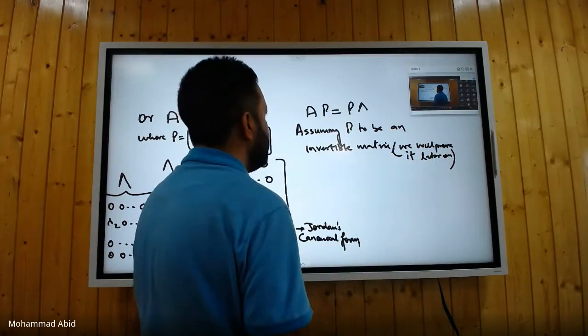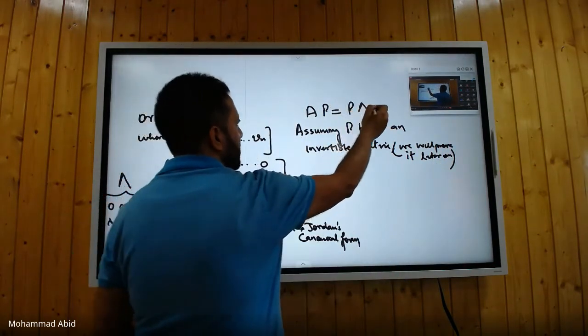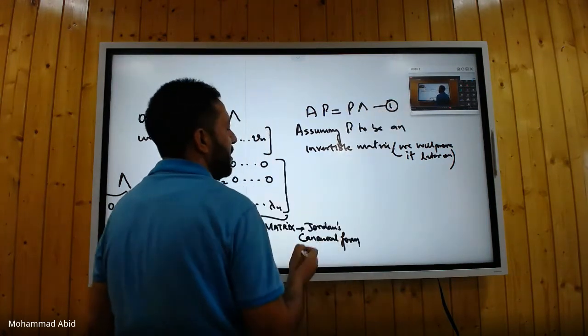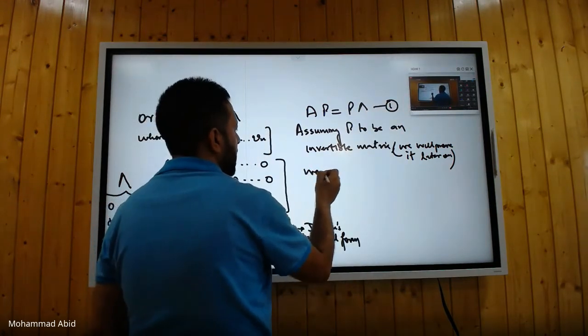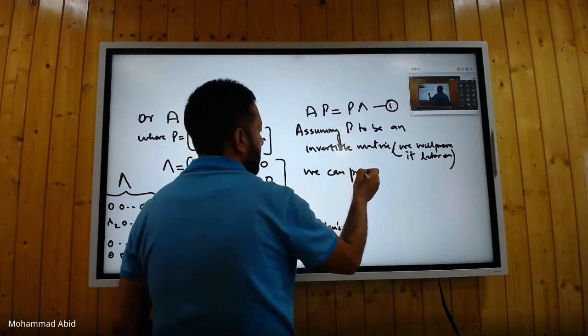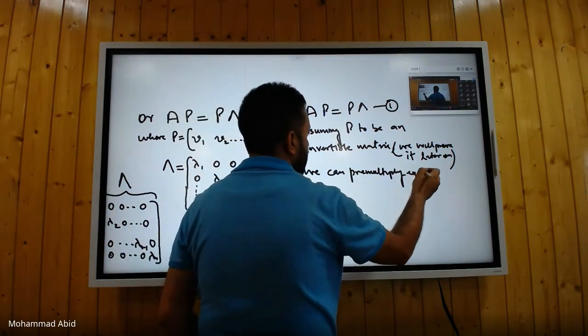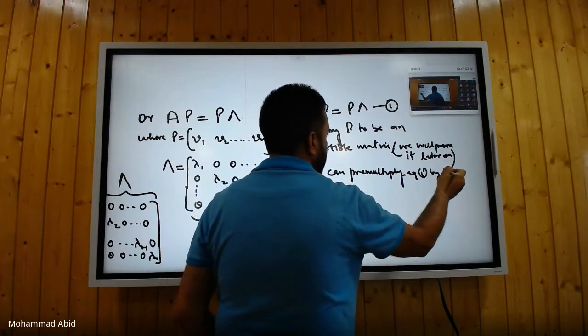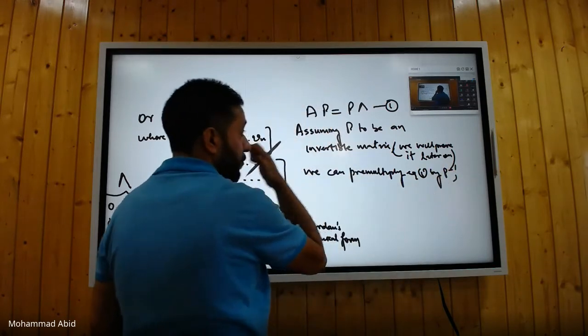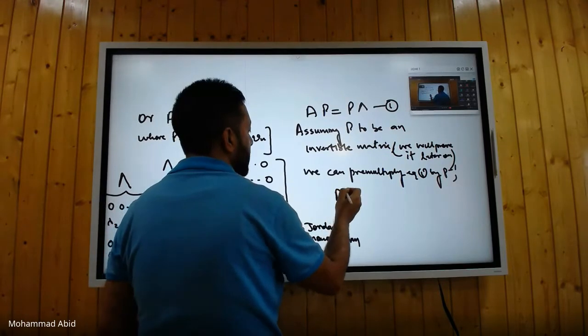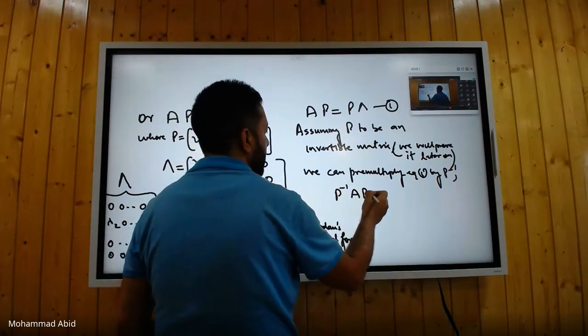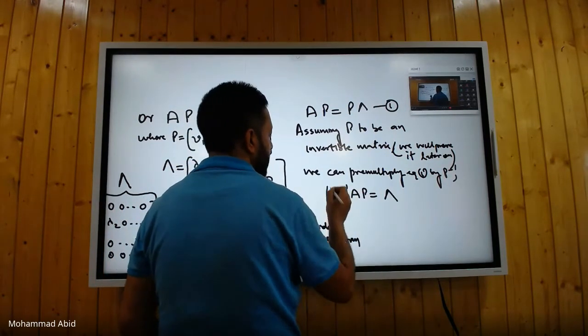Assuming P to be an invertible matrix, I can pre-multiply this equation 1 by P inverse. So we can get P inverse of AP is equal to this matrix.